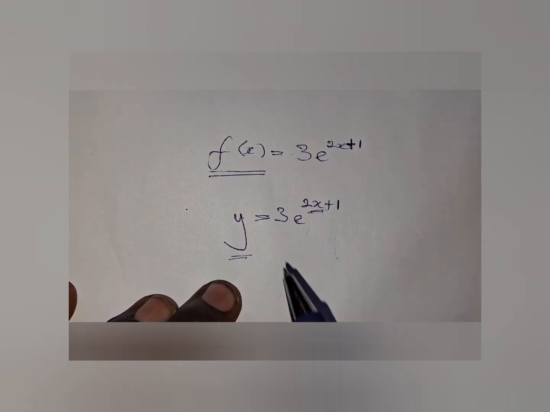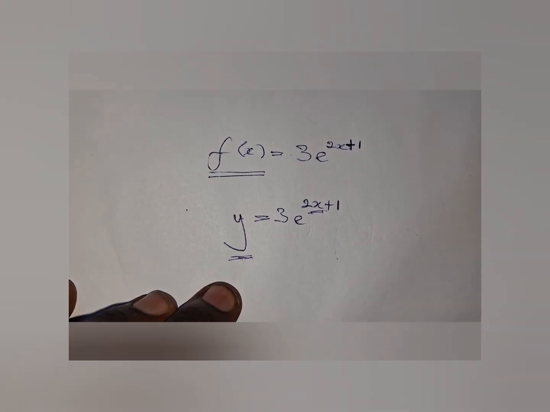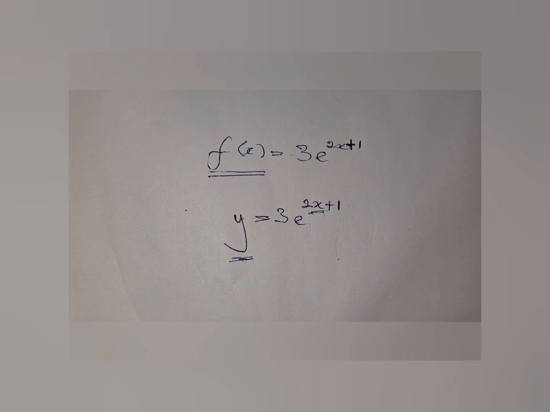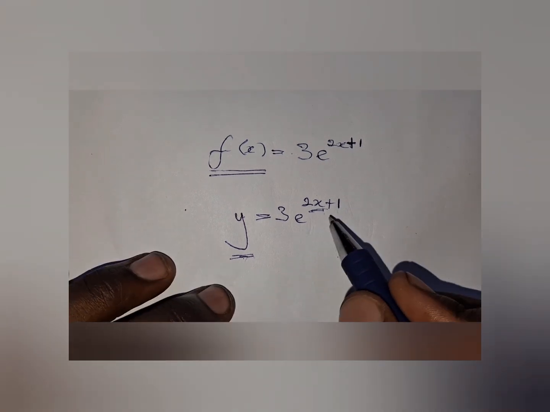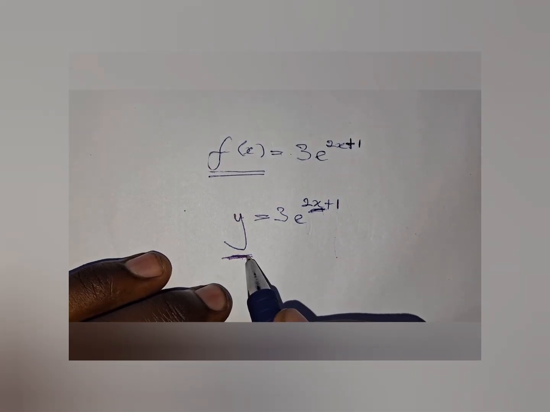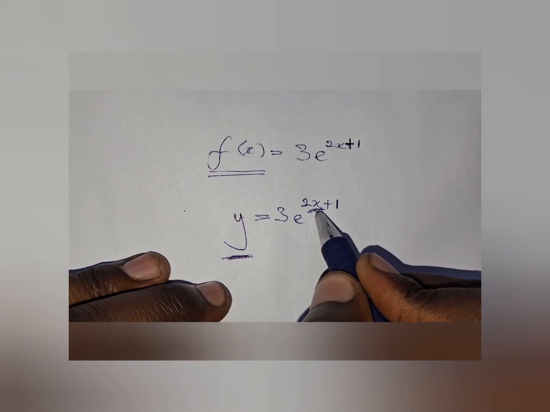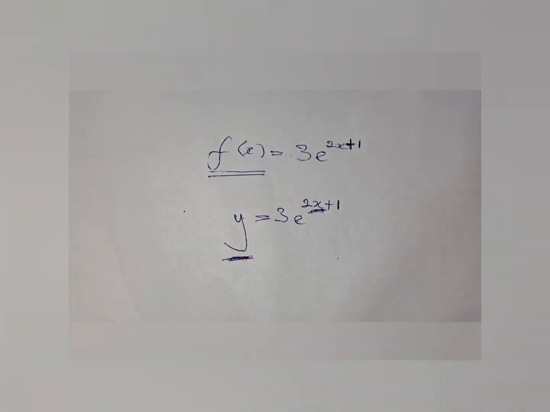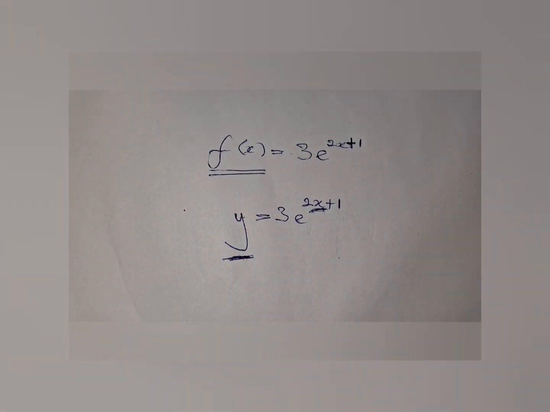Because we know for sure that the domain of the inverse is the range of the function, which means that this x here is supposed to be where there is a y, and the y is supposed to be where there is an x, because the input of the function is the output of the inverse.